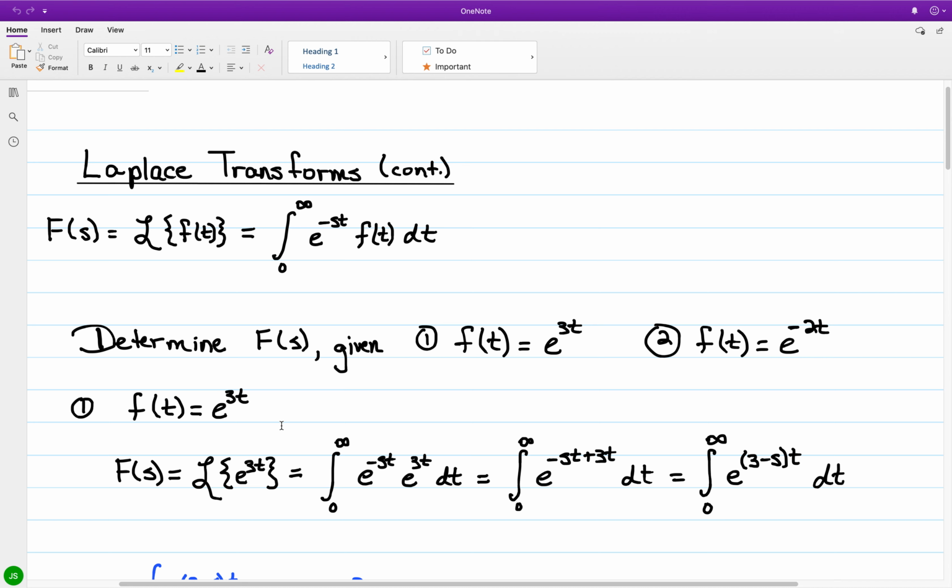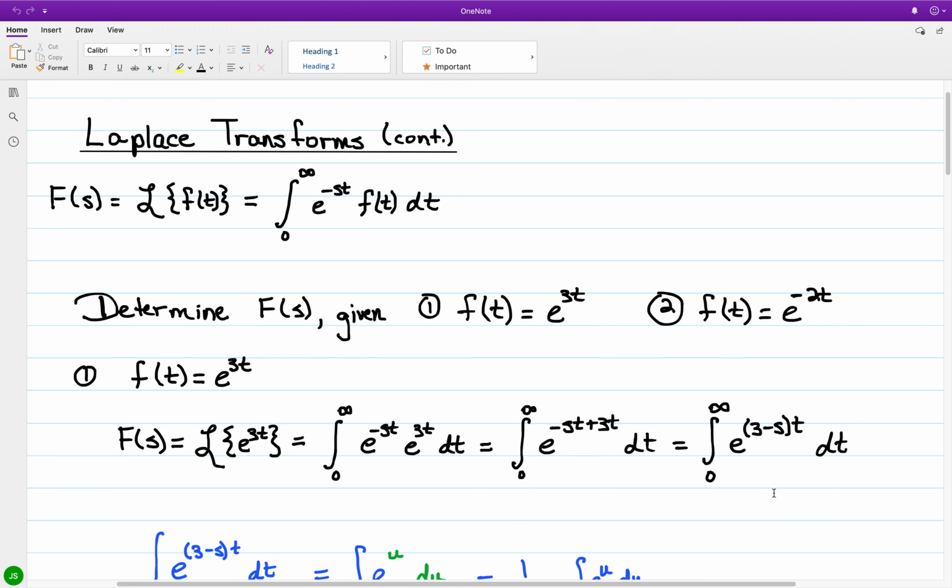With e to the 3t, taking the Laplace transform and setting up in terms of integrating, with the product property of exponents, I can add these powers together, and then factoring out t, I can rewrite this as the integral of e to the quantity of 3 minus s times t dt as t goes from 0 to infinity.